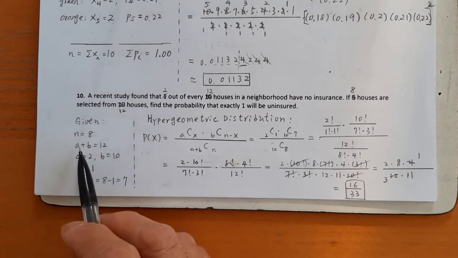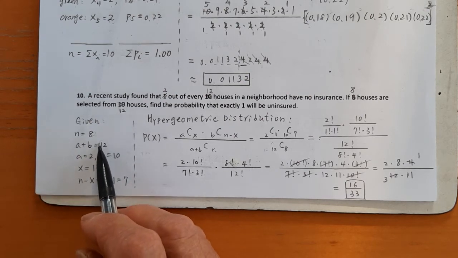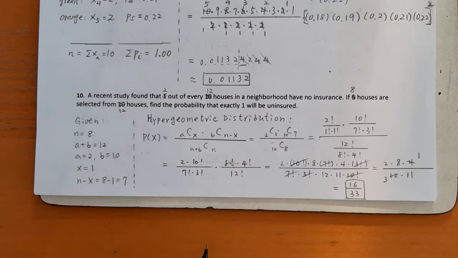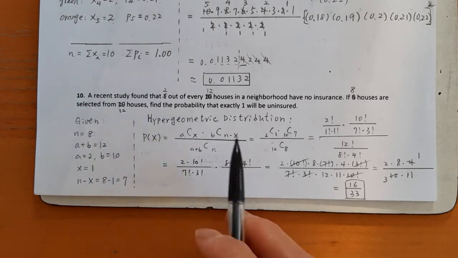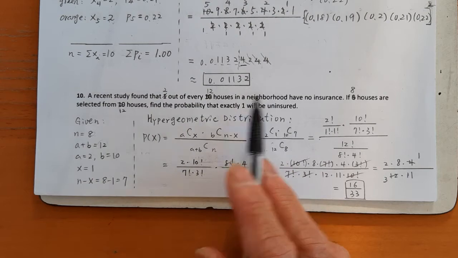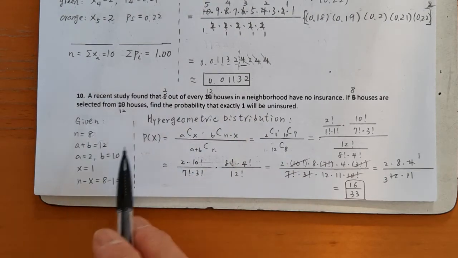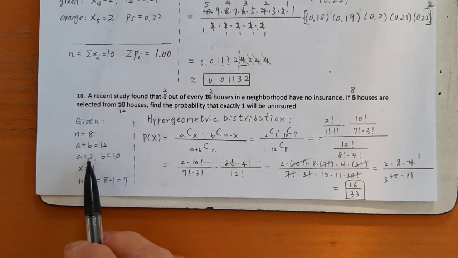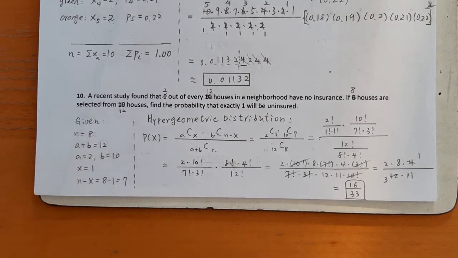So a plus b should equal 12. There are 12 houses, 2 have no insurance, a equals 2, and 12 minus 2 is 10 houses that have insurance.